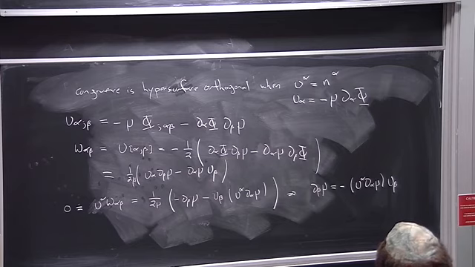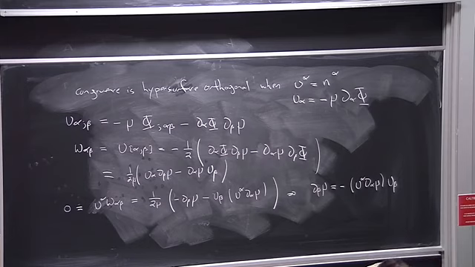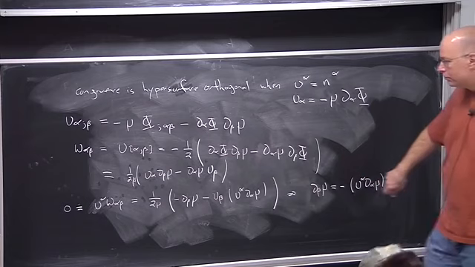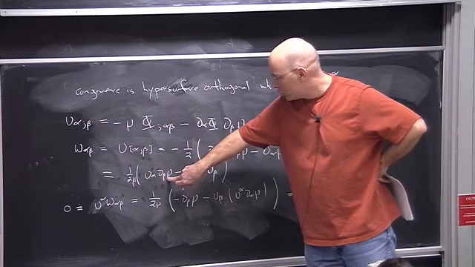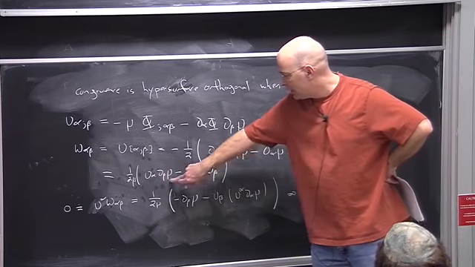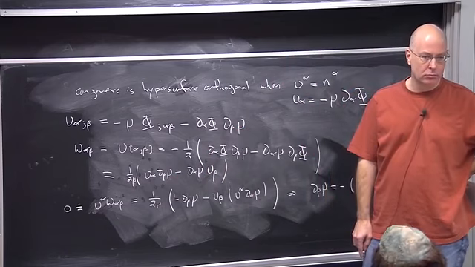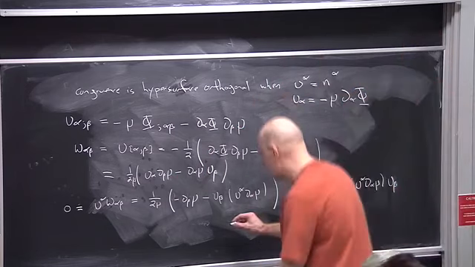And if that's true, we find that all components of omega actually have to vanish. Because if grad mu has to be proportional to u, then this is proportional to u, this is proportional to u, and the two terms are just identical and they cancel out.